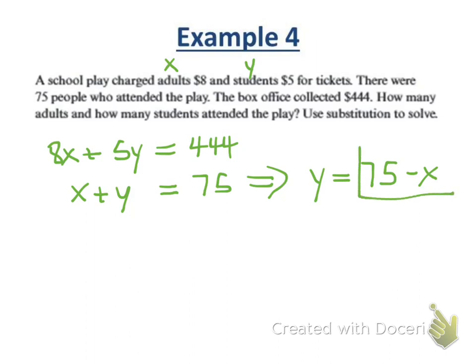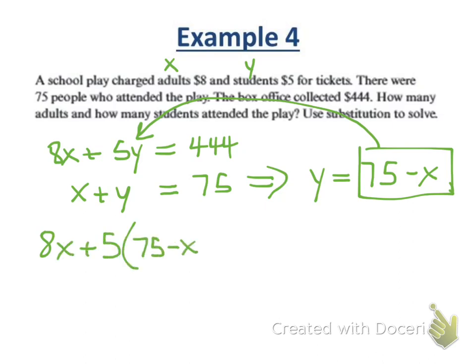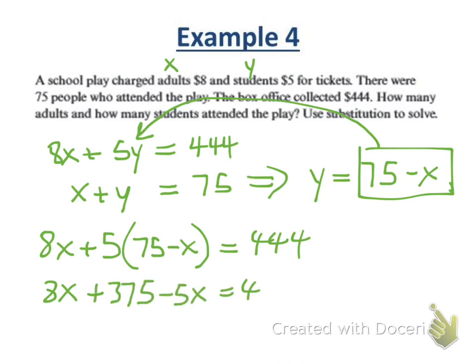Now I'm going to take that and substitute it into the other equation in the place of Y, and I will get 8X plus 5 times (75 minus X) equals 444. It's 375. 8X plus 375 minus 5X equals 444. 8X minus 5X gives us 3X.